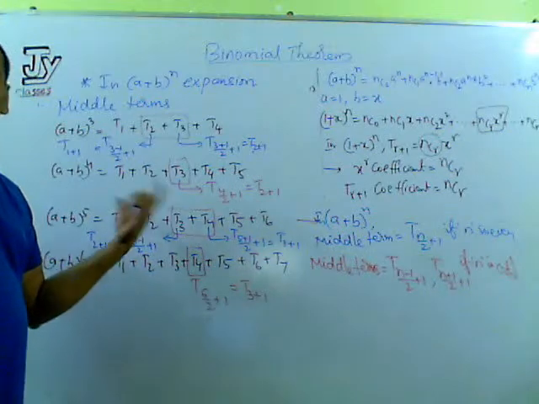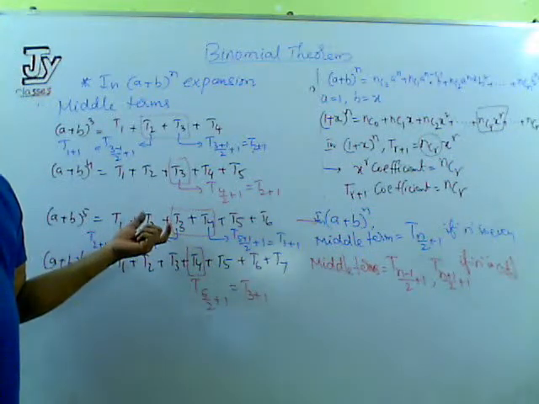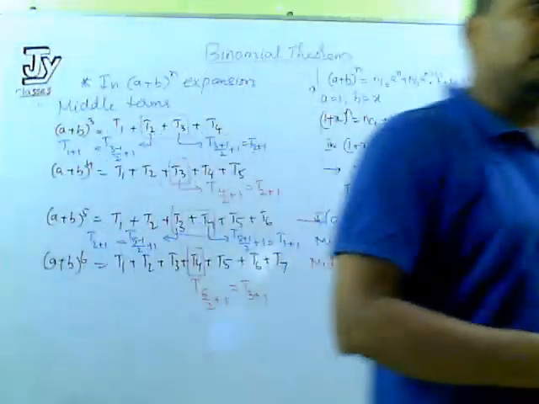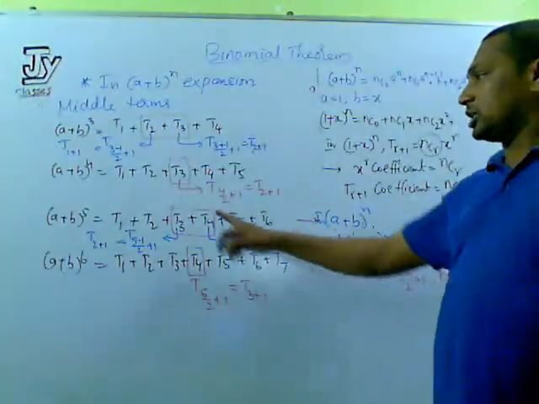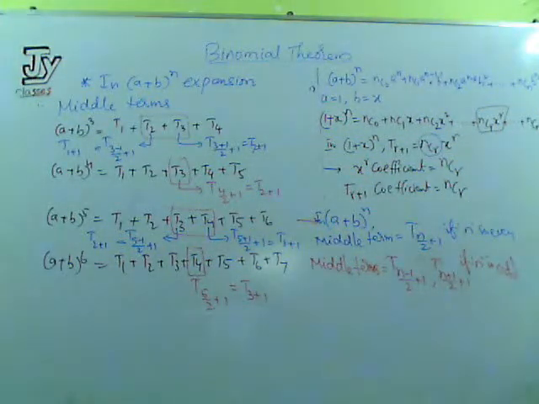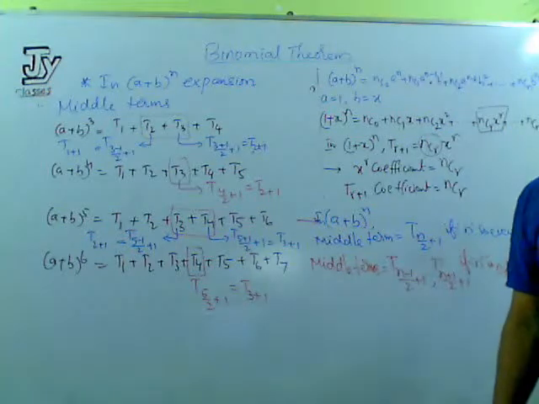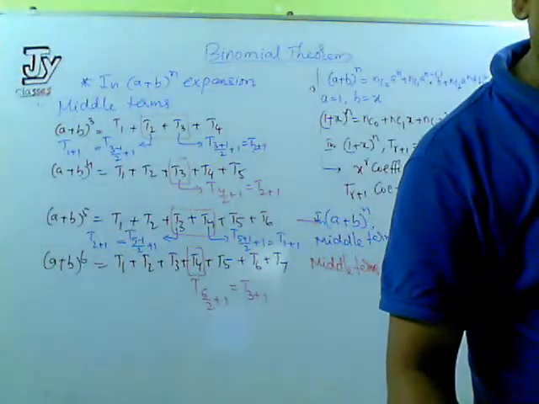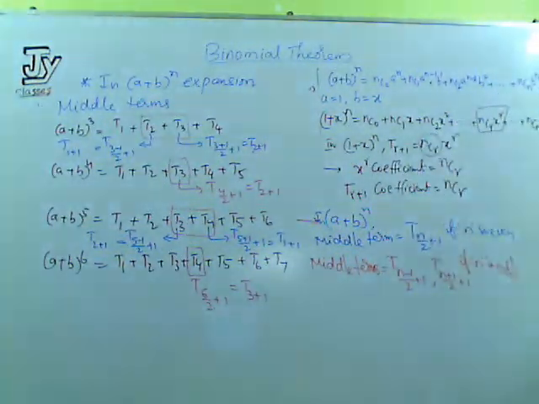In that expansion, two middlemost terms exist. If the power is even, then one middlemost term exists. Write down: greatest binomial coefficient and the middlemost terms. How many middlemost terms, and how can we find the middlemost term? Make it fast.